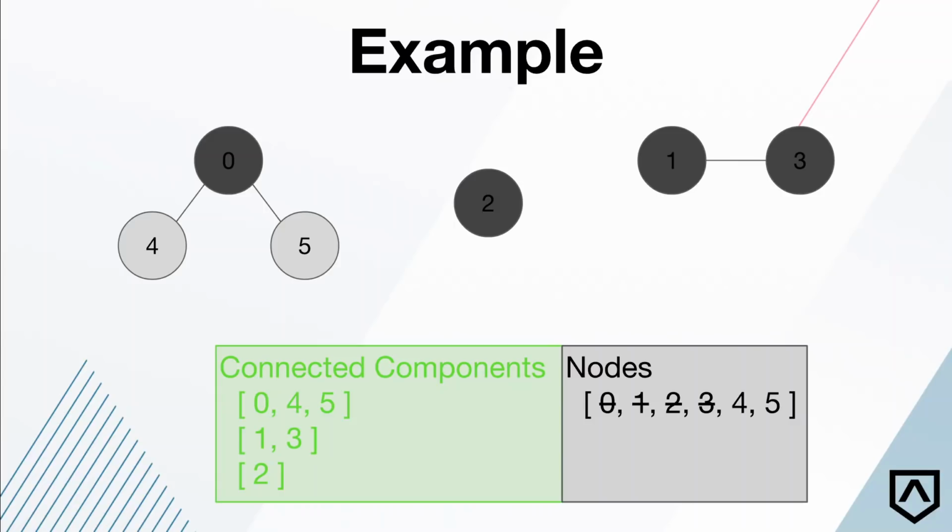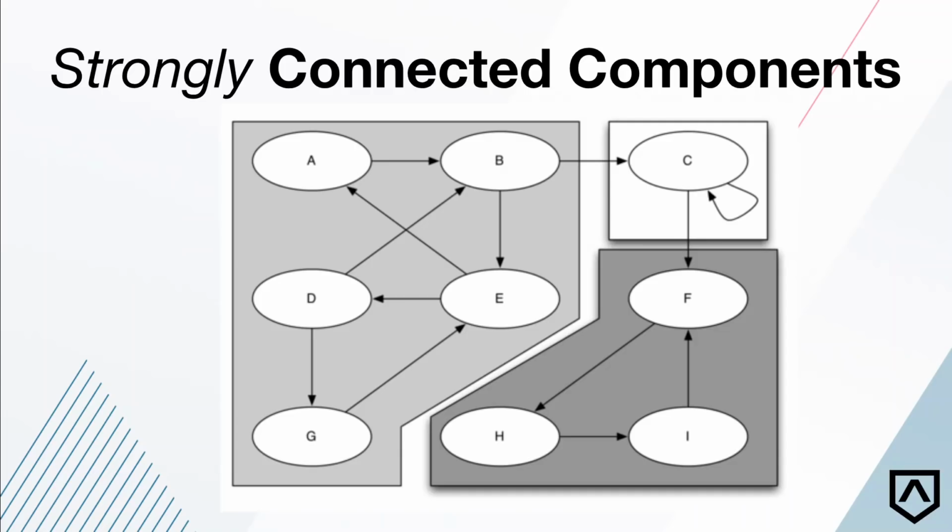No. The color of 3 is not white. It's already been added to a connected component. Same with 4, same with 5. We don't need to redo breadth first search from those nodes. And so what we end up with are 3 connected components that match our visual representation of this graph.